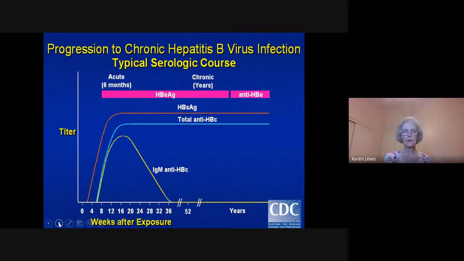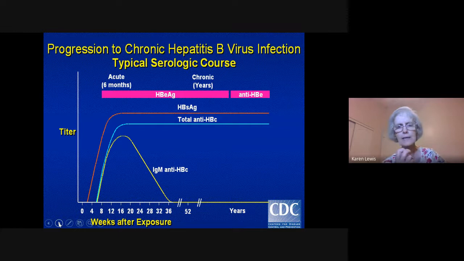You have a surge in the surface antigen, but the body never clears the infection. And so you have continual production, viral replication, and formation of hepatitis B surface antigen. If the viral titer is high enough, you also have hepatitis B e antigen, but that doesn't always show positive.